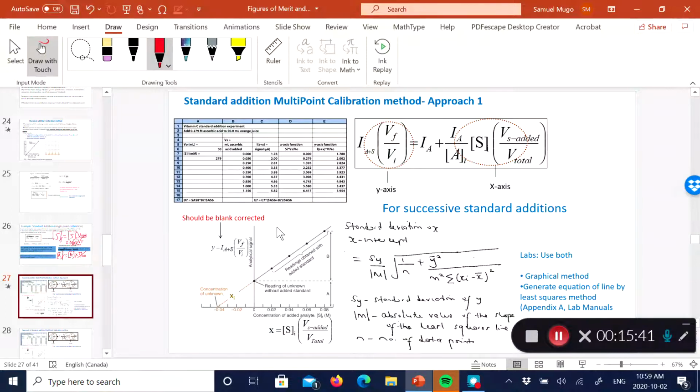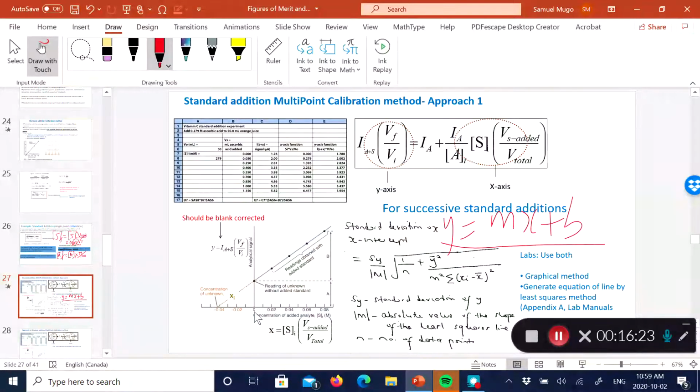If you spike something, you can calculate its concentration just based on the simple dilution formula, C1V1 equals C2V2, and so you can generate the concentration for each of the standards that you've actually prepared, and then the corresponding signal is plotted in the y-axis, whereas the standards are plotted in the x-axis. And then you would get the equation of the line, y = mx + b, which you can easily get from your Excel spreadsheet to create the linear regression.